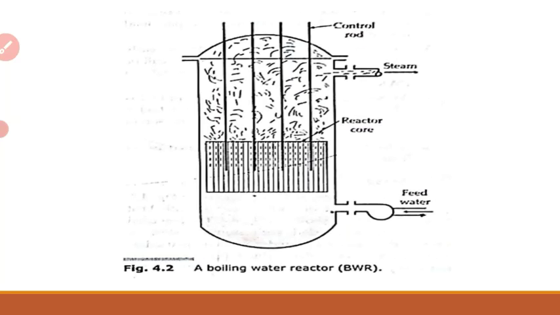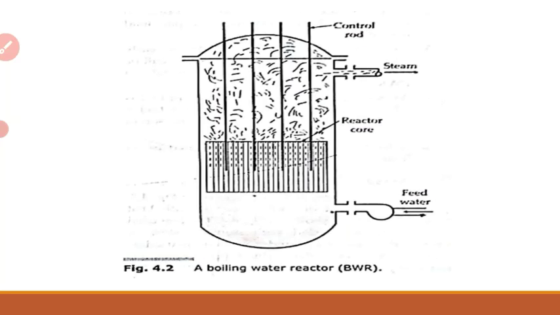The moderator, if it is made up of graphite, will reduce the neutron speed. Now in the boiling water reactor, what are they using as the moderator?